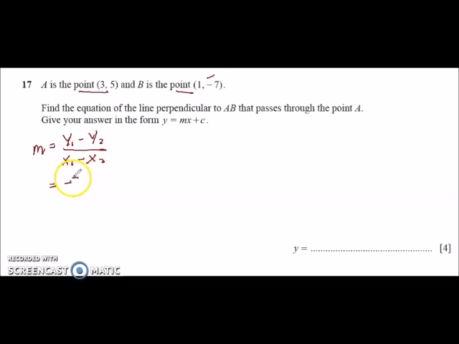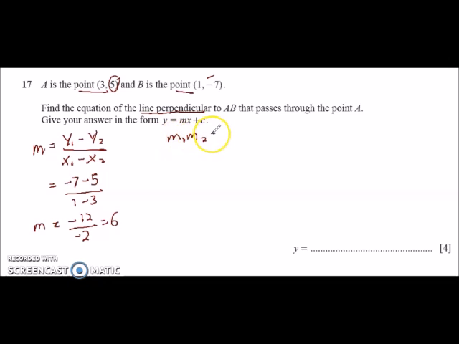So negative 7 minus 5 over here, and then divided by 1 minus 3. So you'll get negative 12 divided by negative 2, and your gradient will be 6.